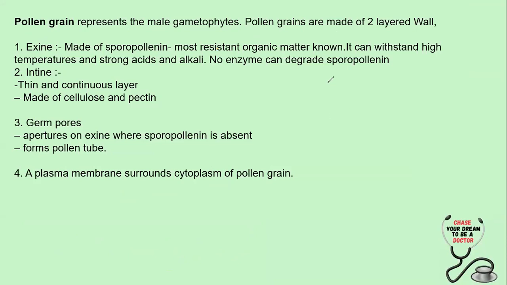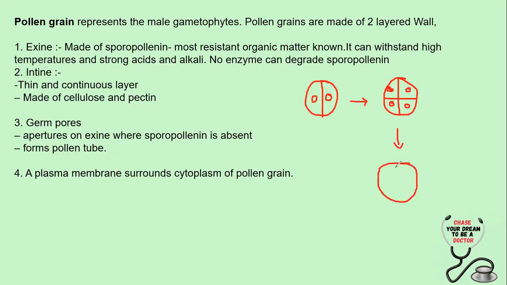This is the anther. What happens is that the anther will divide into two. After some time, on maturity, it will again divide and convert itself into four. And each of these will develop its own wall layer like this.